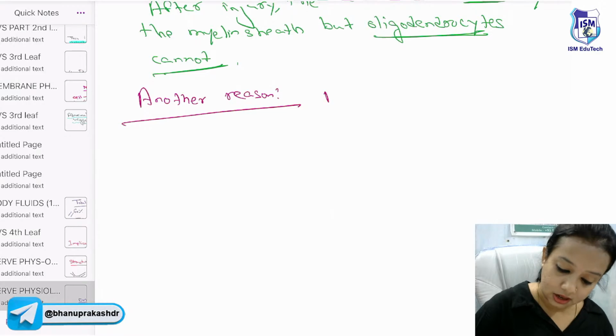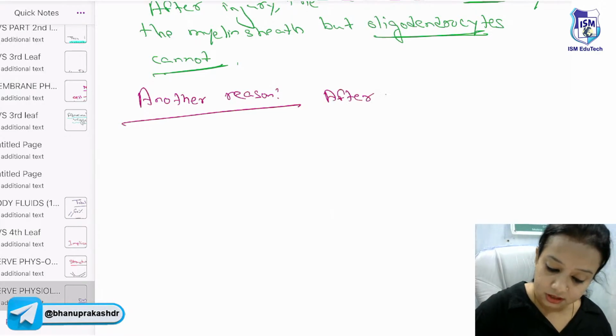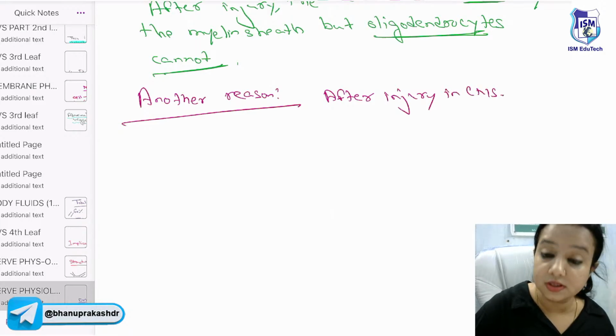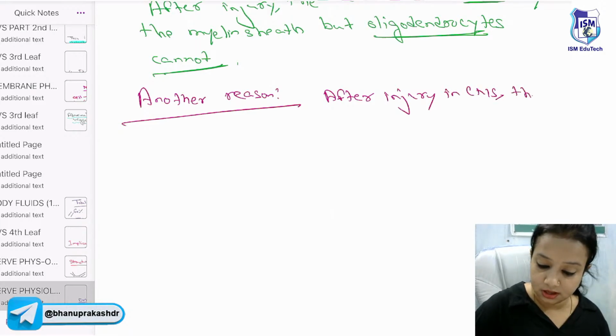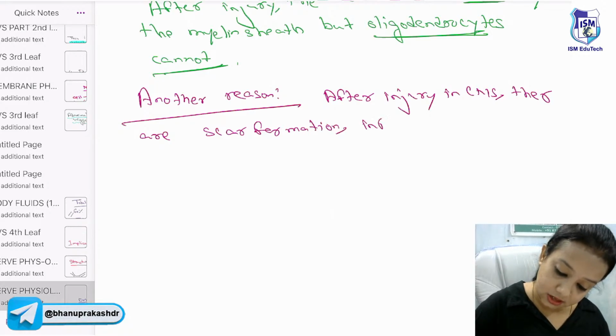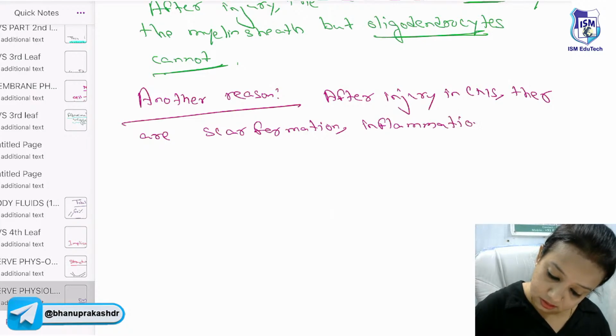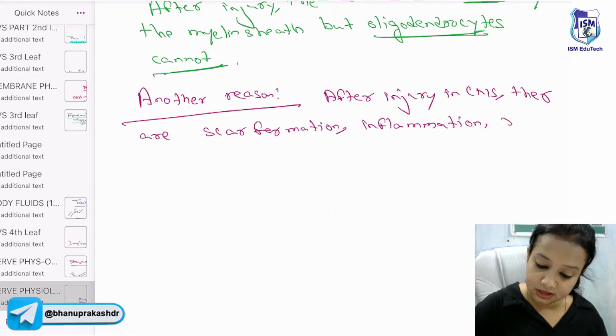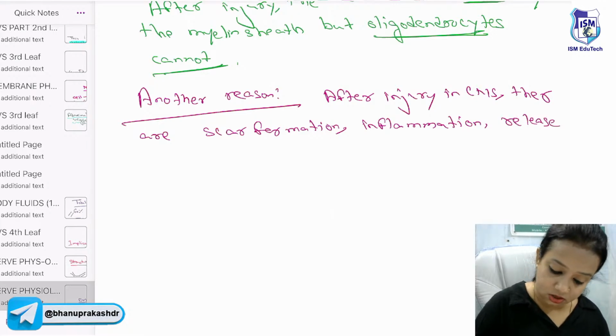after injury in the central nervous system, there is scar formation. Okay, there is inflammation, and also there is release of cytokines.